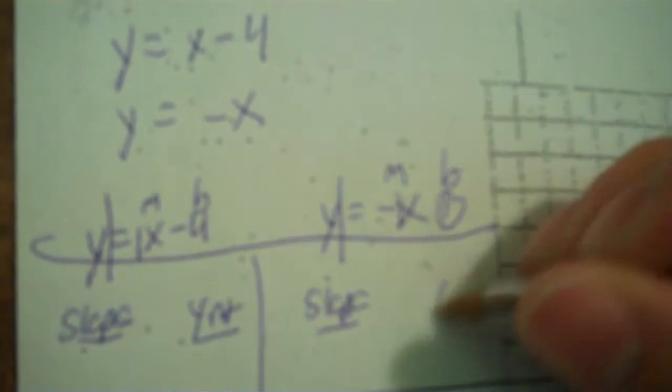Okay? So slope, y-intercept. So the slope of the first line is 1 and then minus 4. So on the y-axis, 1, 2, 3, 4. 1 over 1, so forward 1, up 1.